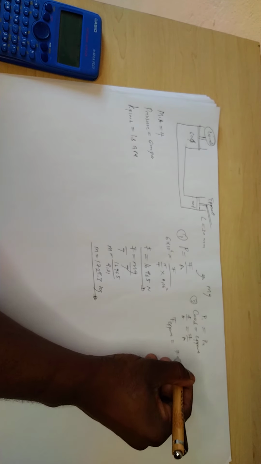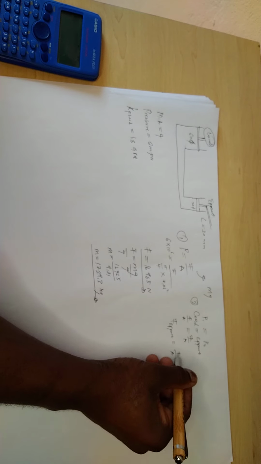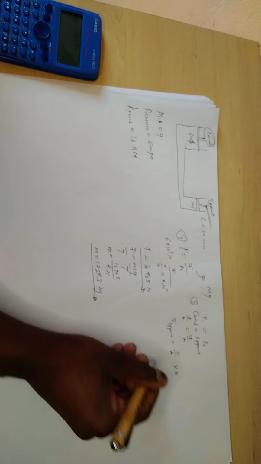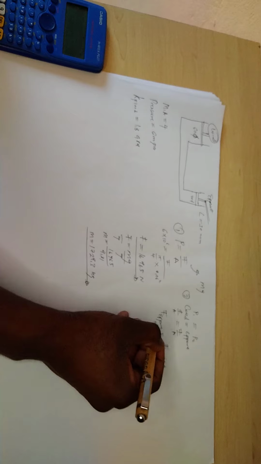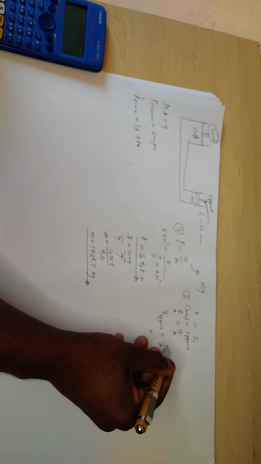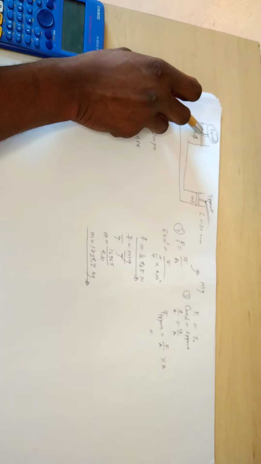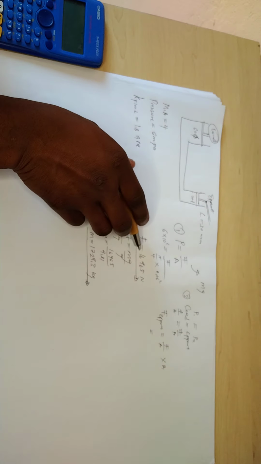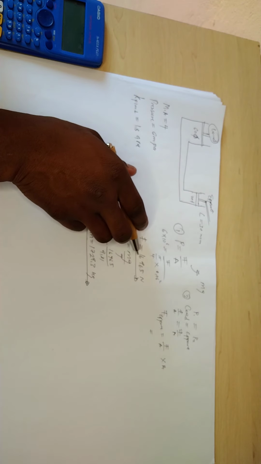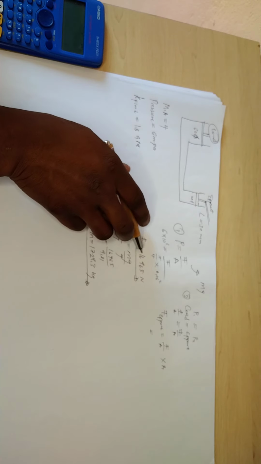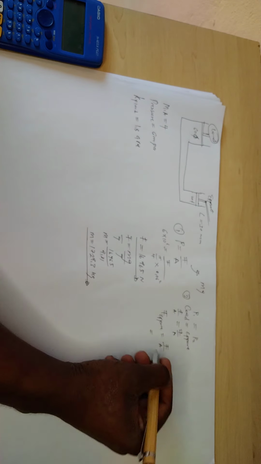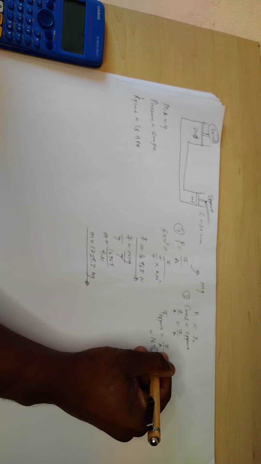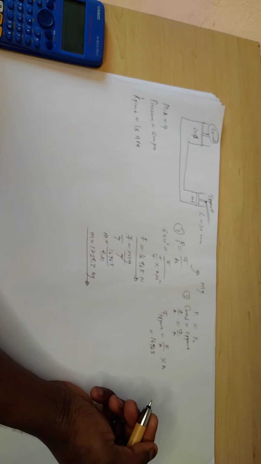Then it means force effort equals to Fa. This is for load, right? Is this multiplied by A? Then we found this force because it's this one. The force is 16965.